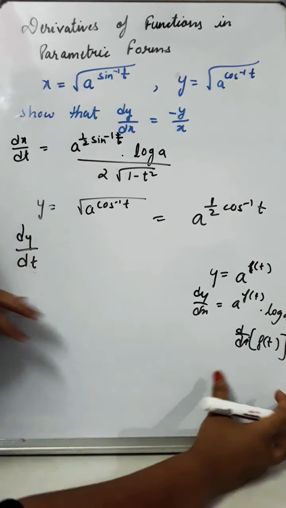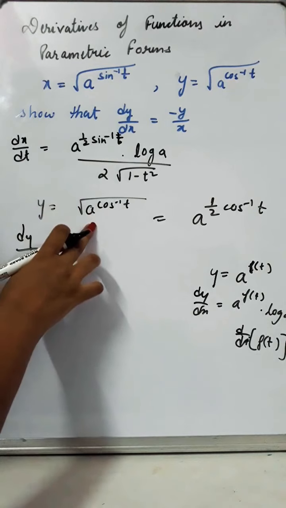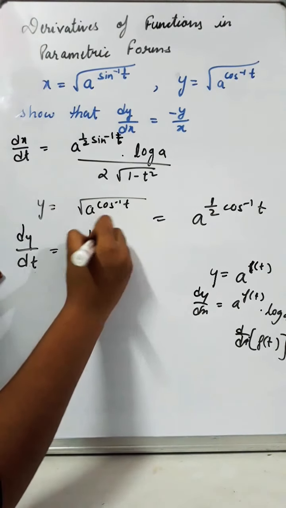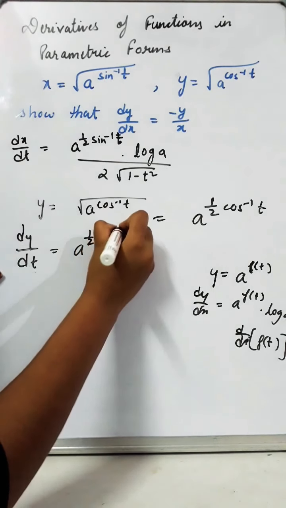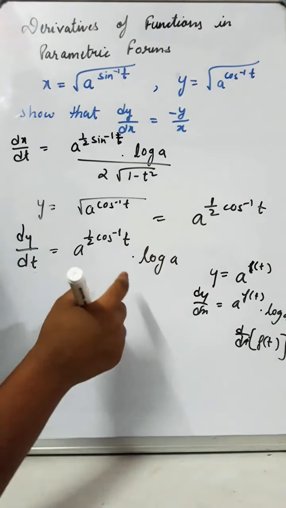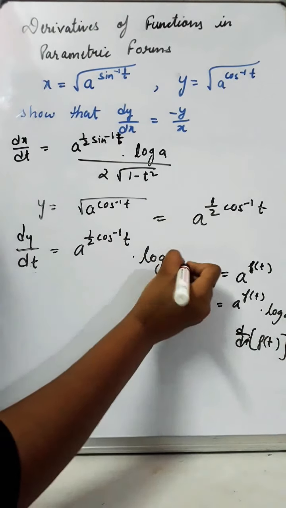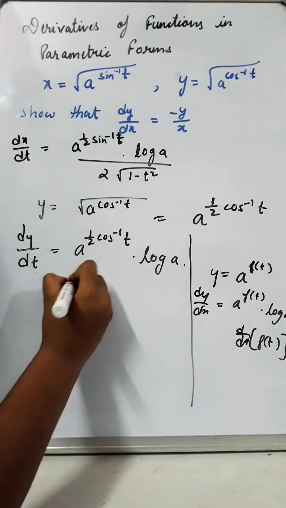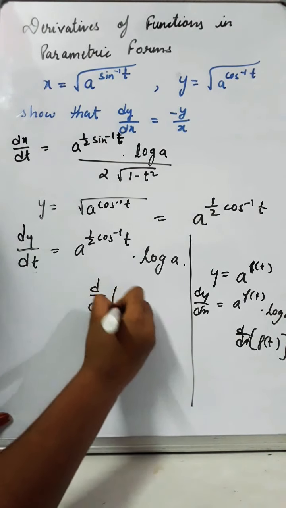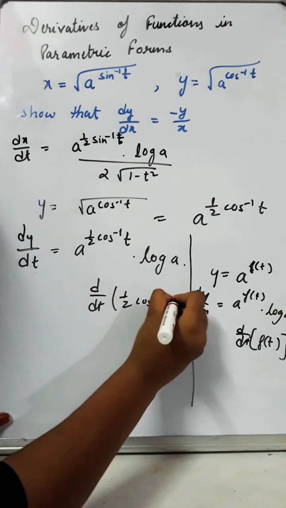We are going to do this here. dy dt is a to the power 1 by 2 cos inverse t log a. But this will further be differentiated, so that means d by dt of half cos inverse t.